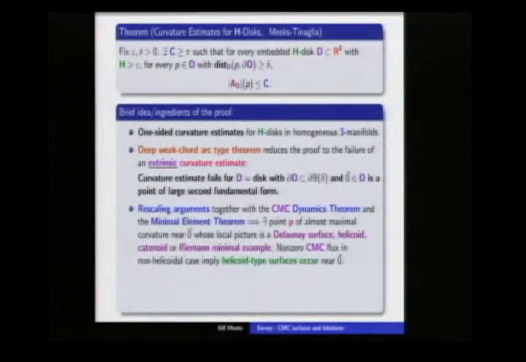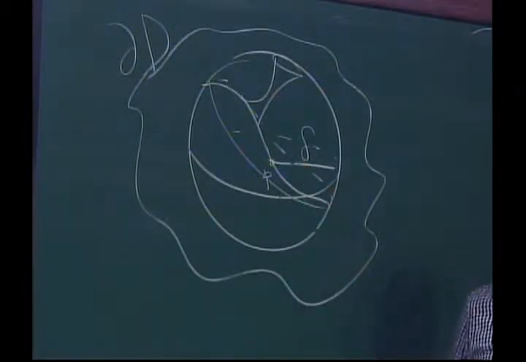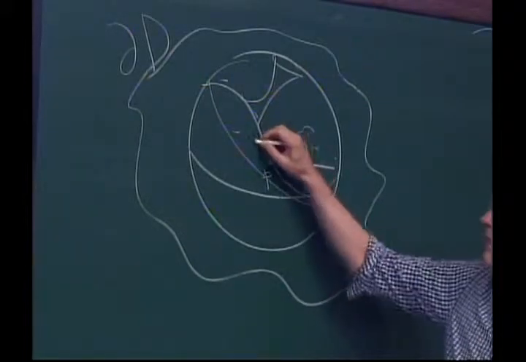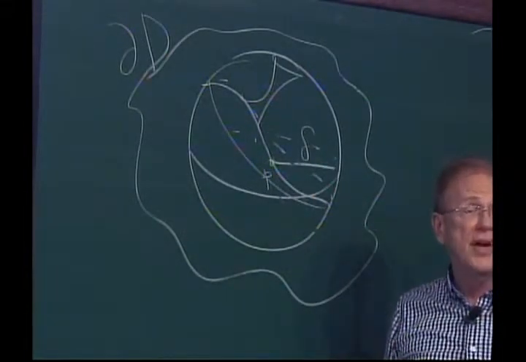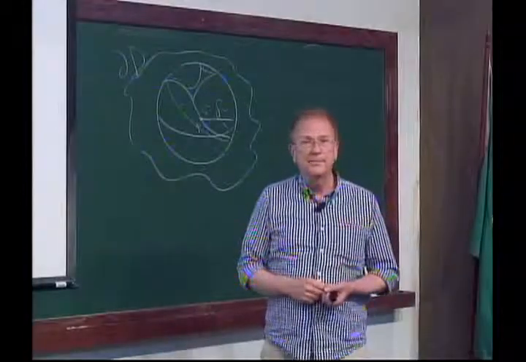Now here's what most of my talk is about. Once we've got our surface, what do we usually do? We try to rescale. We try to pick a point of almost maximal curvature. We look at where the norm of the second fundamental form is very big, and we do rescaling arguments.